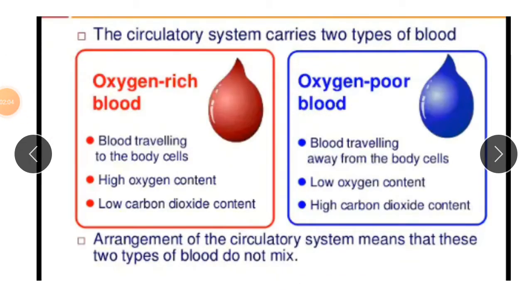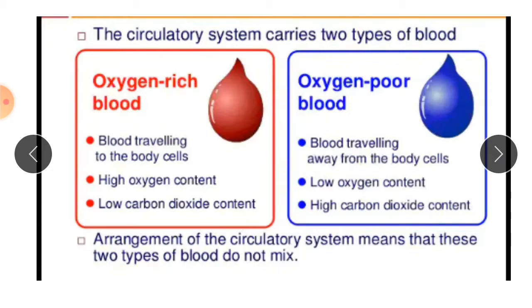Now students, the circulatory system carries two types of blood: oxygen rich blood and oxygen poor blood. Oxygen rich blood travels to the body cells, and it has high oxygen content and low carbon dioxide content.